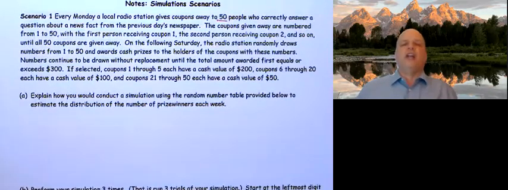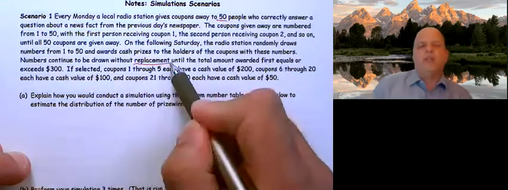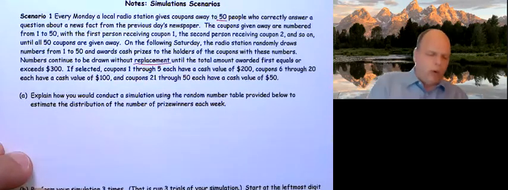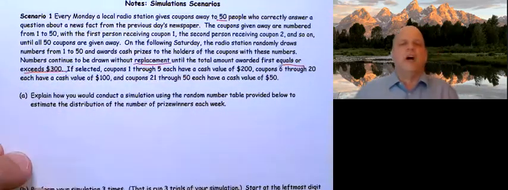On the following Saturday, the radio station randomly draws numbers from 1 to 50 and awards cash prizes to the holders of the coupons with these numbers. Numbers continue to be drawn without replacement. All right, so that means no duplicates until the total amount awarded first equals or exceeds $300.